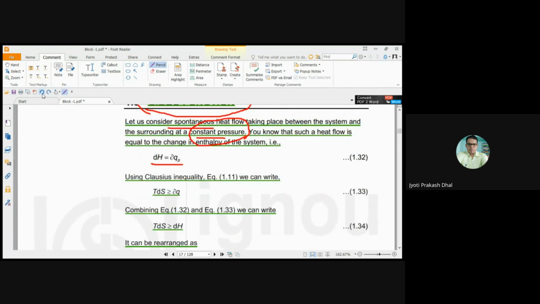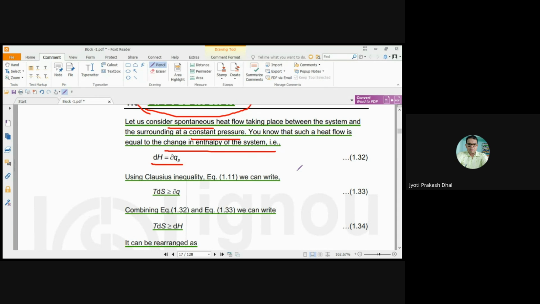So when heat is flowing between the system and surroundings spontaneously at constant pressure, such a heat flow is equal to the change in enthalpy of the system, because the pressure of the system is constant. Suppose heat flows from surroundings to system, then the total enthalpy of the system will increase, and if heat flows from system to surroundings, then the total enthalpy of the system will decrease.